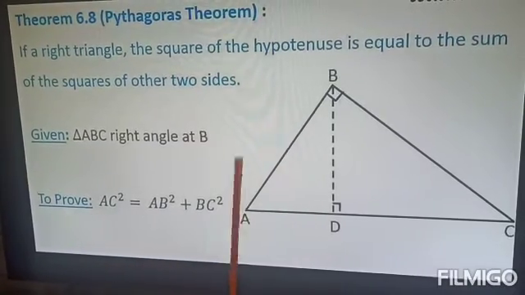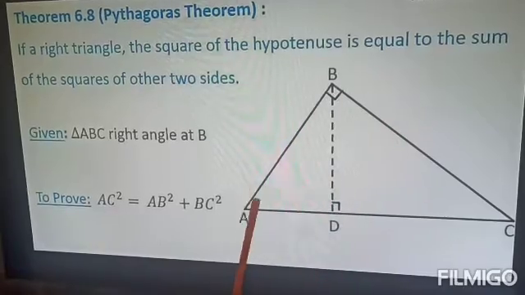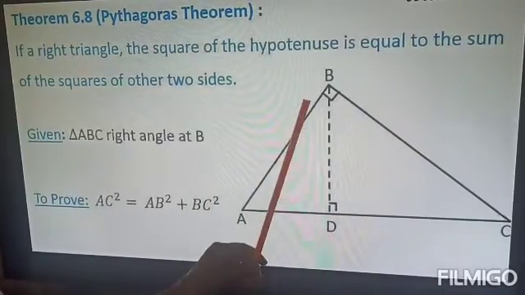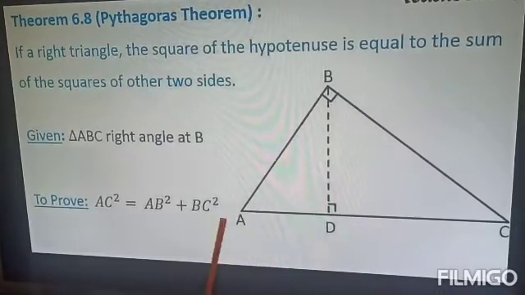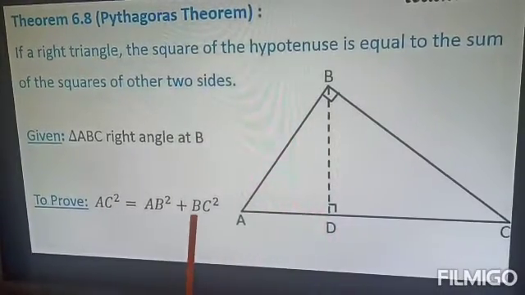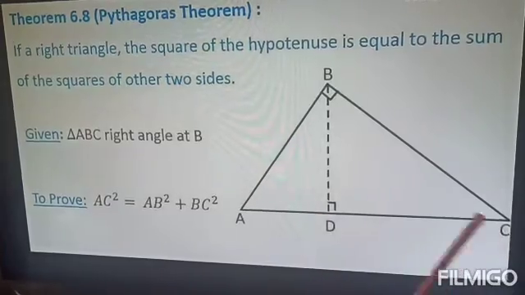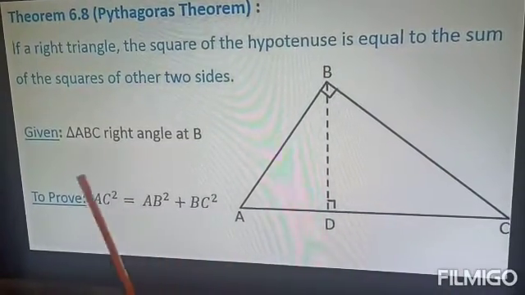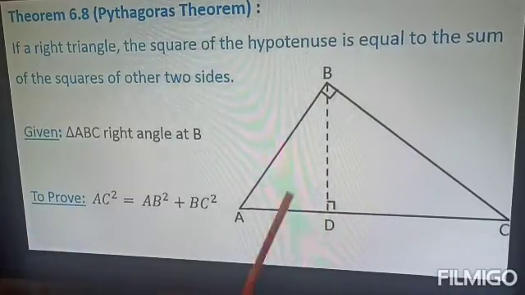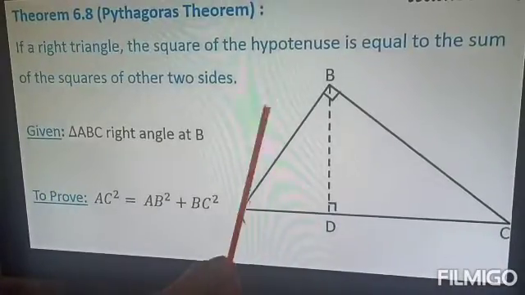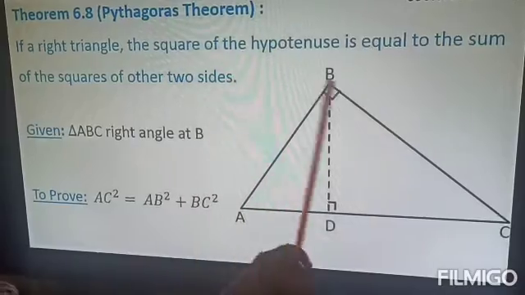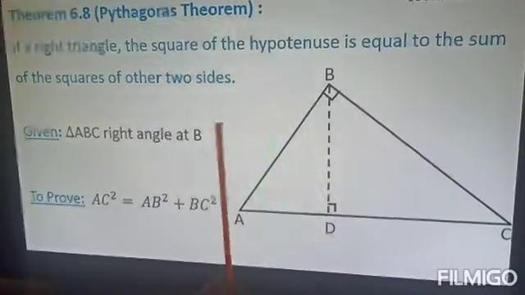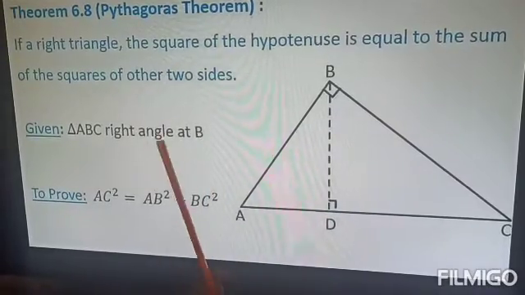Now there are three right angles in this triangle: ABC is one right angle, ADB is another right angle, BDC is a third right angle. Now I have to take in the proof, with the given right angle ABC, this part, right angle ADB, once.